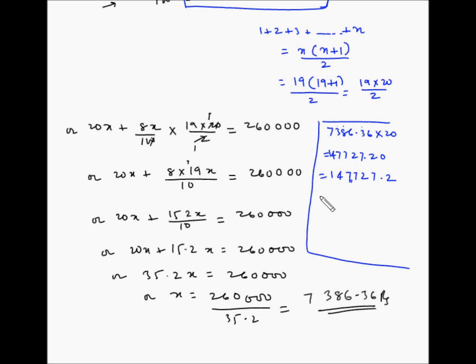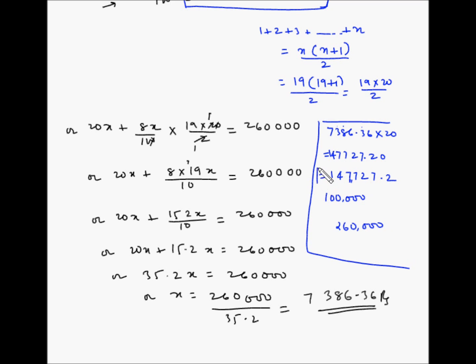So in other terms, 147,727.2 rupees. Now our amount of loan was 100,000, and if we didn't pay the monthly installments and decided to pay at the end of 20 years the lump sum amount which was due, we would have had to pay an amount of 260,000.